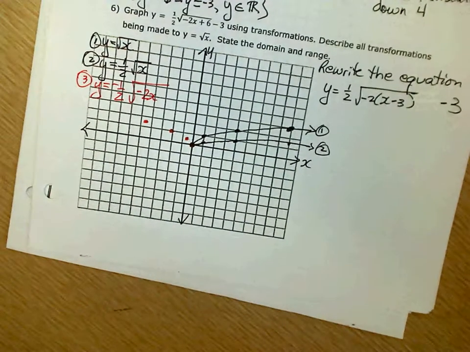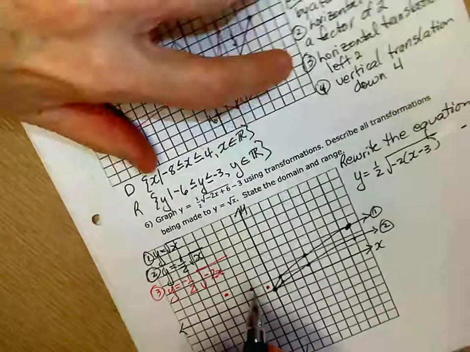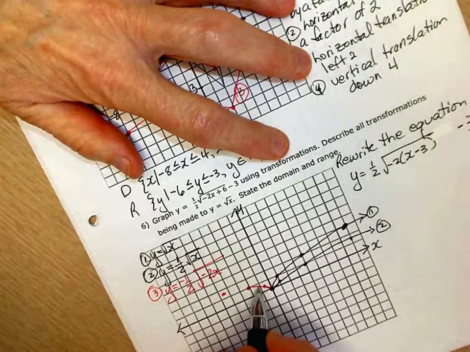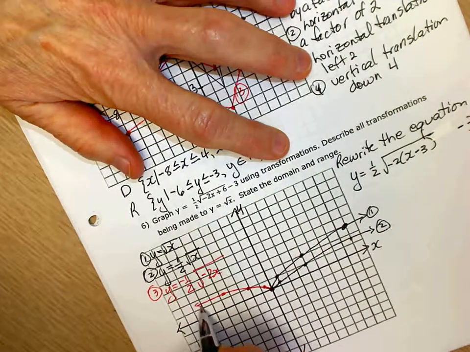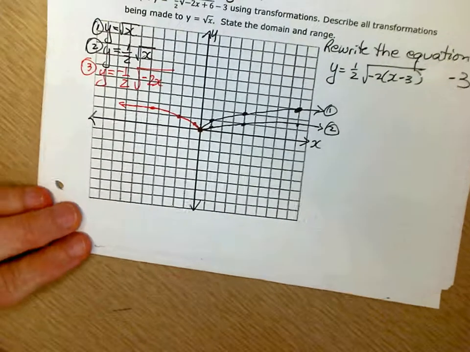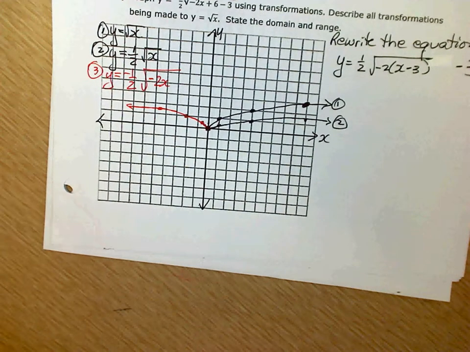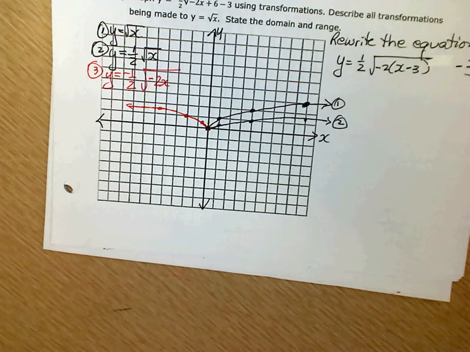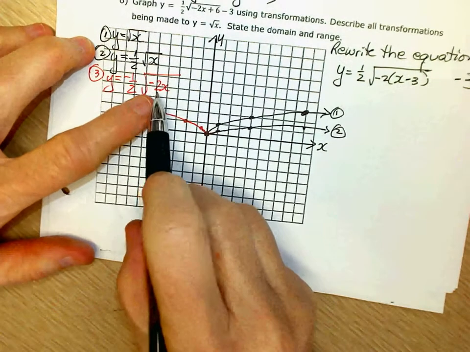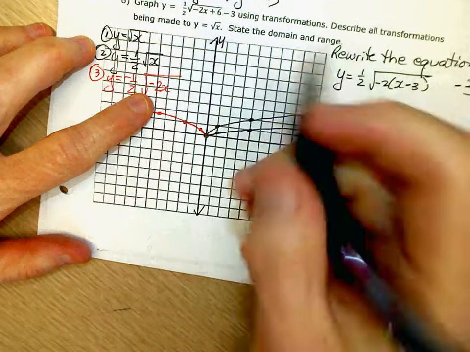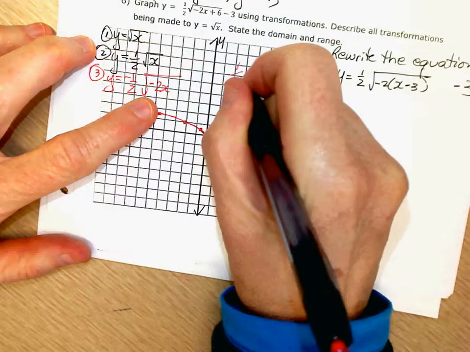Let me just draw that in right now. Did I make a boo-boo? Okay, this is the effect on x is 1 over k, so 1 over 2 is a half.